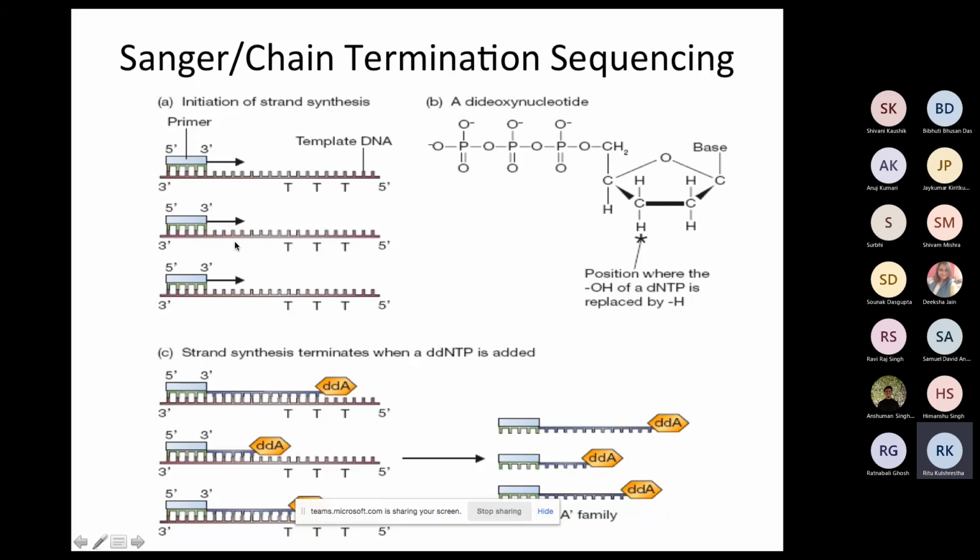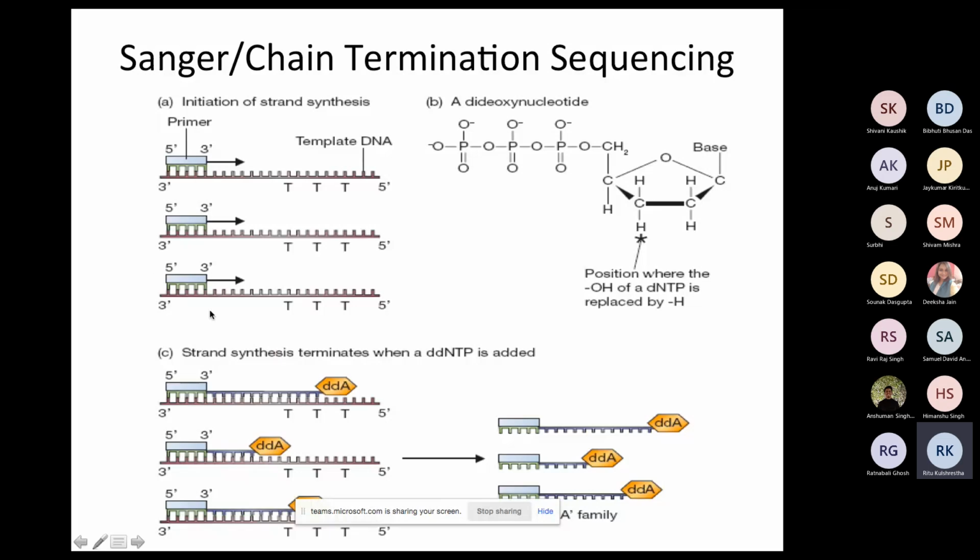Then in another tube, apart from everything present in the reaction mixture, I add ddCTP, let's say. In that tube, I will have PCR products of varying length, all of which will be ending in ddGTP, let's say.